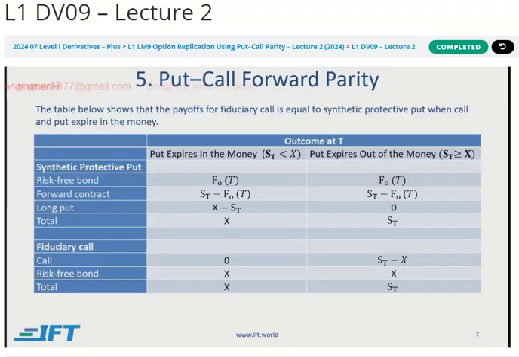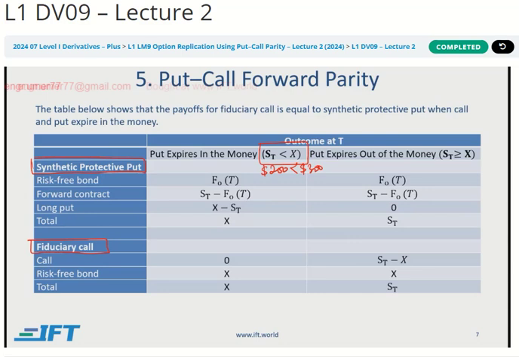And you can now double check that a synthetic protective put is the same thing as a fiduciary call. So let's say the put expires in the money, which is the scenario where the stock price falls to 200, which is less than 300.